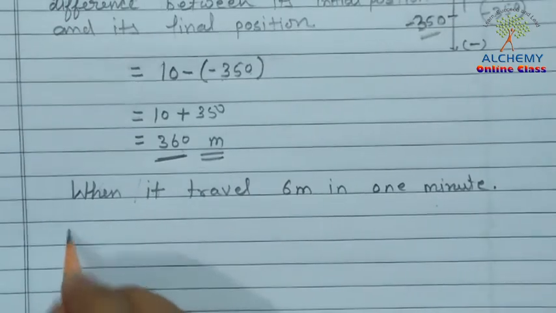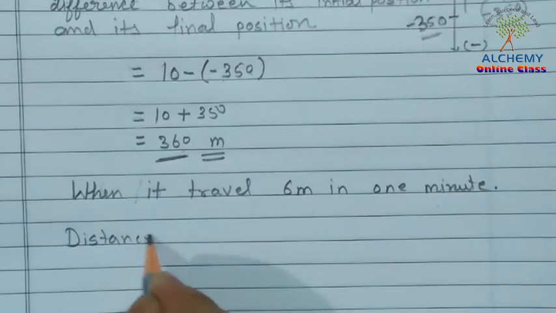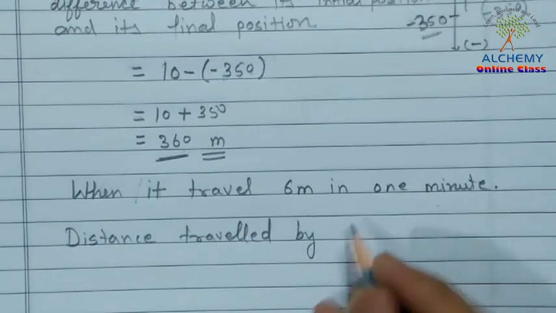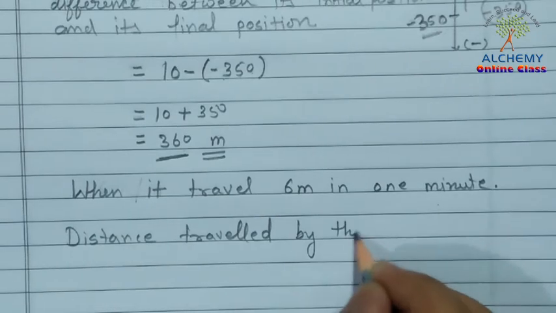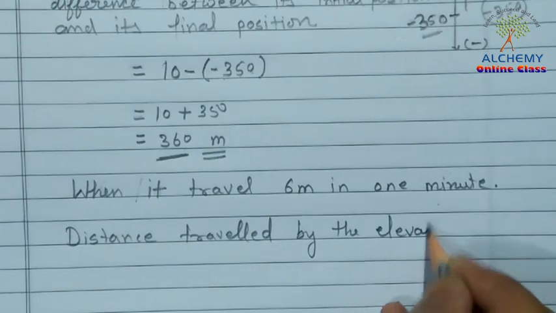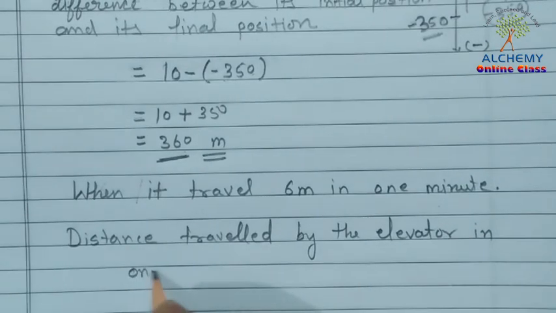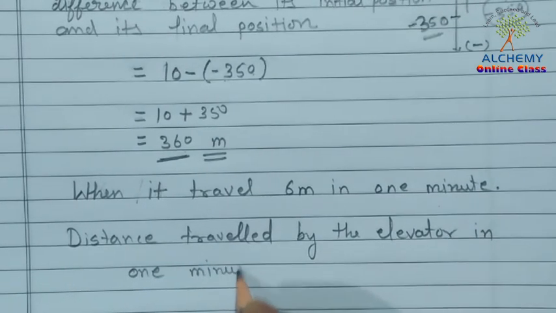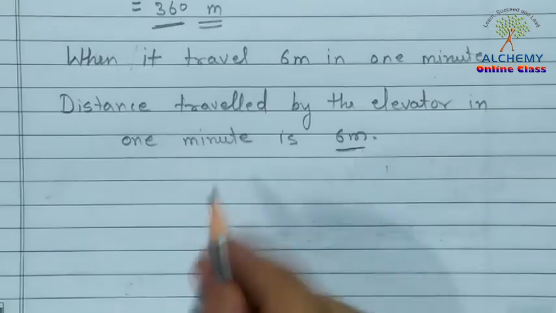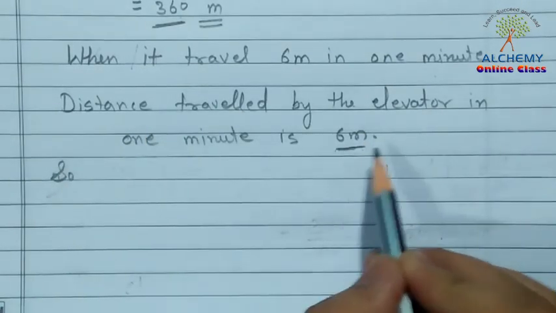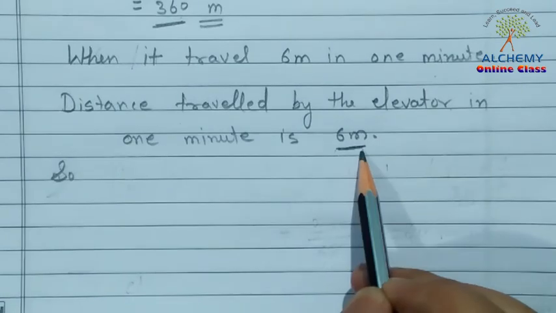So we can write: distance traveled by the elevator in 1 minute is 6 meters. So when the elevator takes 1 minute to travel 6 meters, how much time will it take to travel 1 meter?